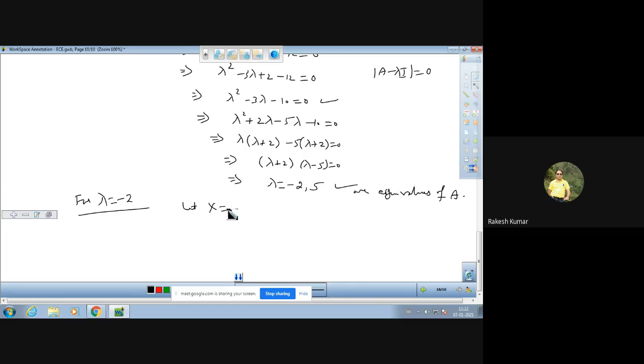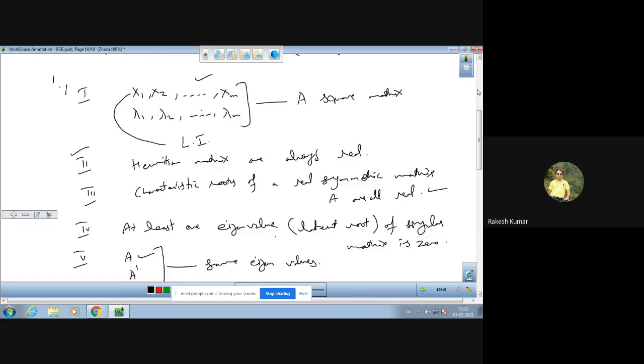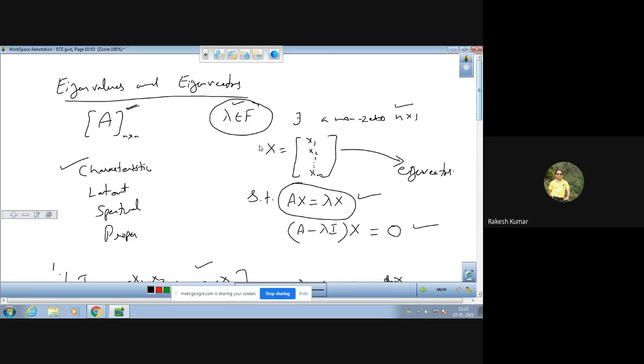Let us take the eigenvector x, that is (x1, x2), a non-zero vector, corresponding to eigenvalue lambda equal to minus 2. So it will definitely satisfy this: Ax should be equal to lambda x. We read this at the start. Just see at the start, Ax should be equal to lambda x, always.